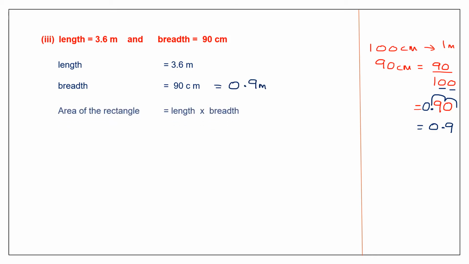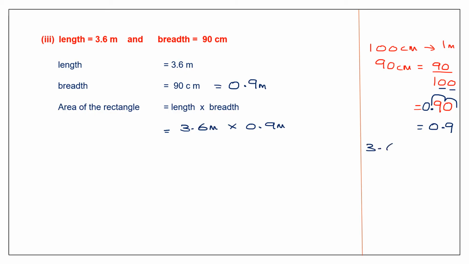Now let's find the area. Area is length into breadth. So length is 3.6 meters into breadth is 0.9 meters. So let's multiply 3.6 into 0.9. When we ignore the point, it becomes 36 and here it becomes 9. 36 into 9. 9 sixes are 54, carry 5. 9 threes are 27 plus 5 is 32.